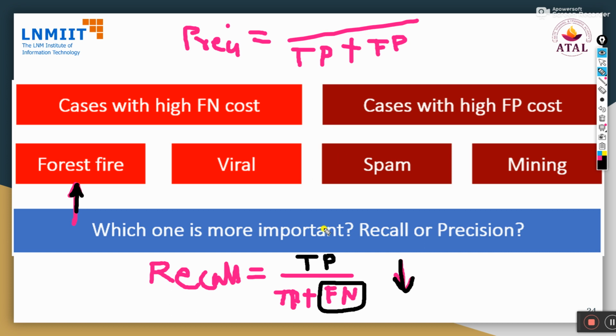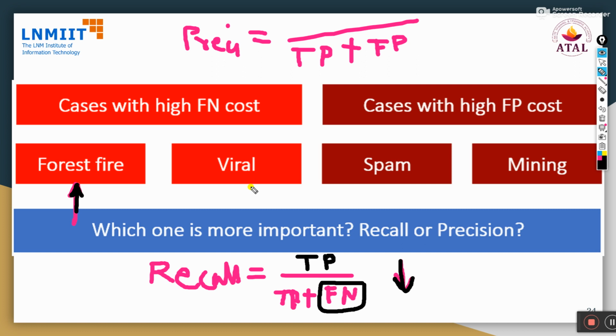So in this situation, which one is more important? False negative says reality is yes, but prediction is no. If someone has a false negative, that is very costly, especially if the reality is fire.